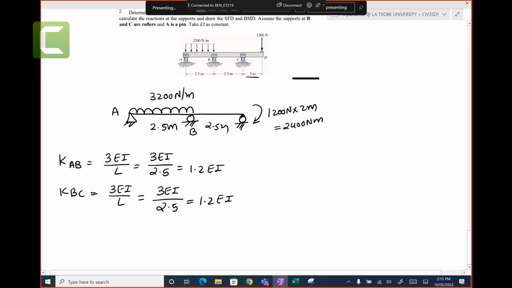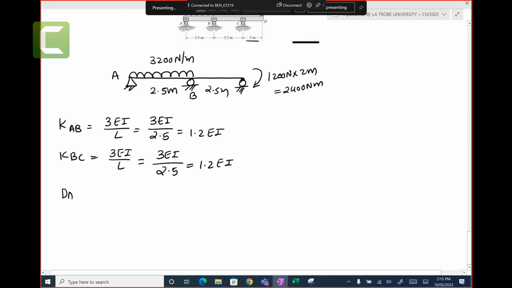All right. Now distribution factors for AB. A is spin, so distribution factor is 1 because A is spin support.